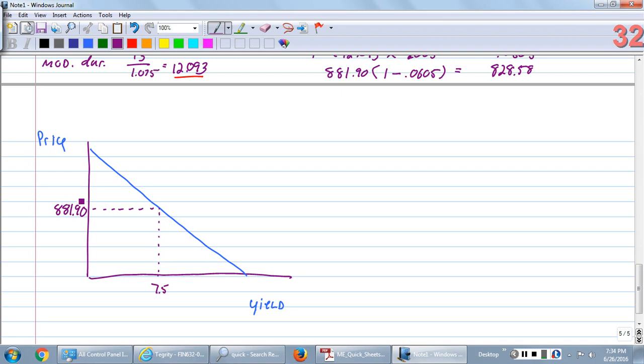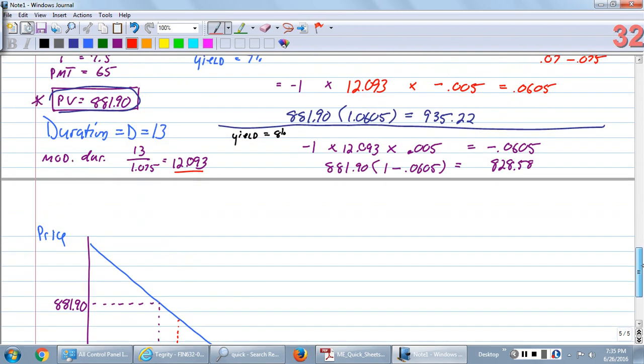So what we're doing here with modified duration, that's what this line is. This line is we're using modified duration to estimate the price change. We said if interest rates go from 7.5% to 8%, it should go to 828.58.